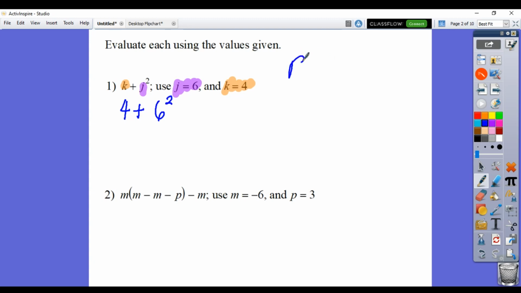If we remember PEMDAS, please excuse my dear Aunt Sally. By the way, when you do the PEMDAS, you understand that multiplication and division are in the same level, whichever comes first from left to right. Addition, subtraction also. Here you will see that there's a square, there's an exponent here.